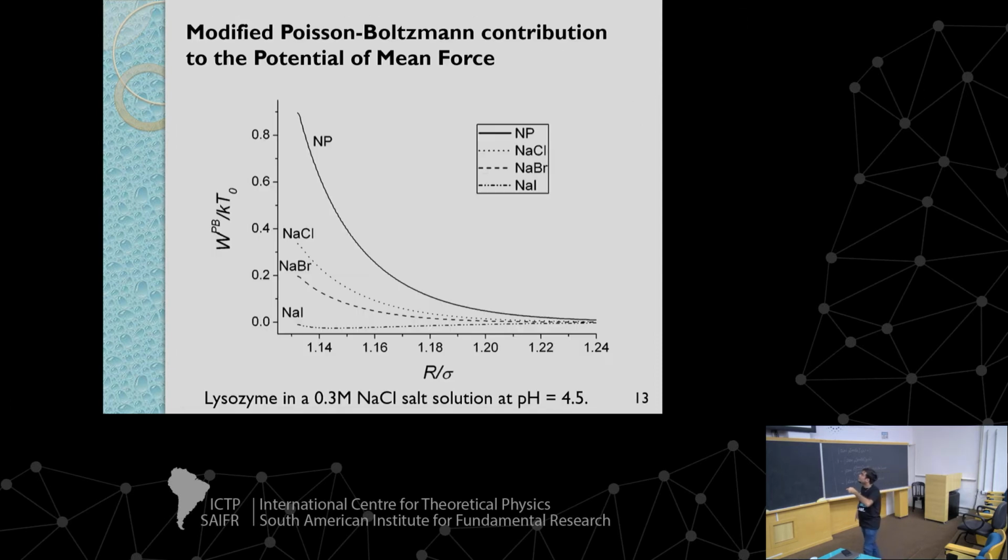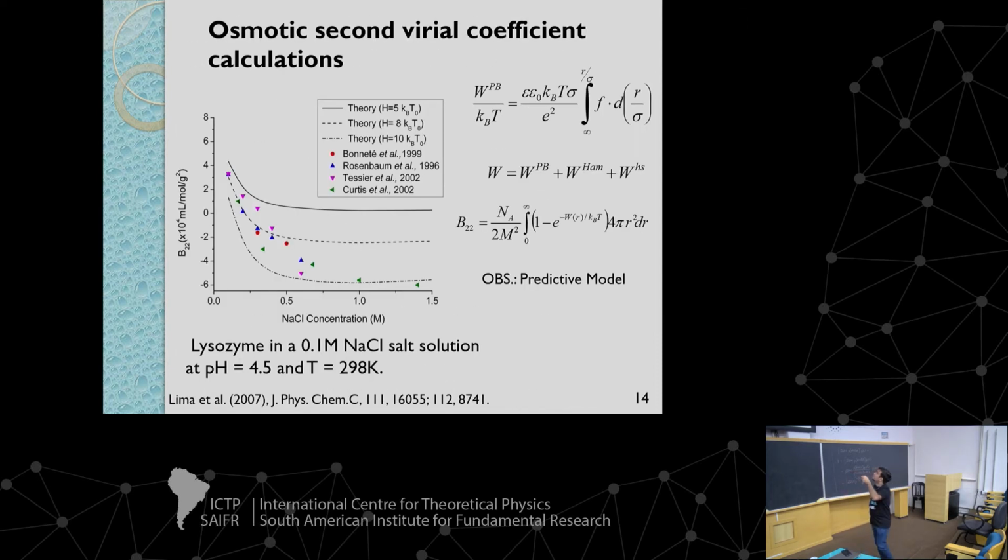Then by integrating the force as a function of the distance between the two particles, we get the potential of mean force, the energy of the system containing two particles, okay?